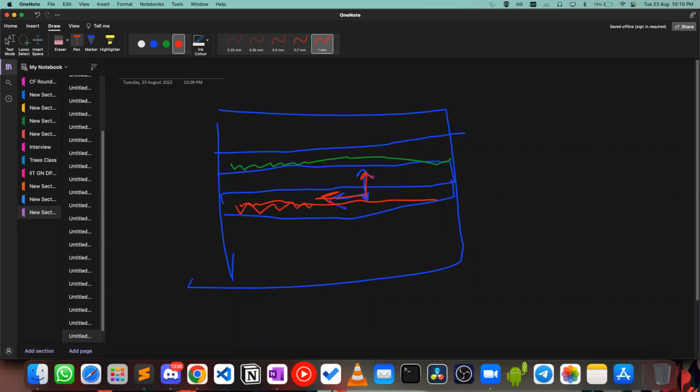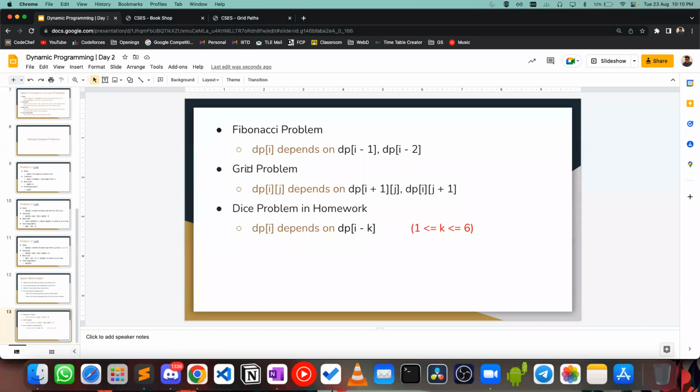So while evaluating the states of this row, will I need the states of the i minus 2th row? Yes or no? No, right? So can you optimize the space here? Instead of storing all the rows from top to down, just store the last row, and that should do, right? So can we save some space in the grid problem as well when we are doing it iteratively? Yes or no?